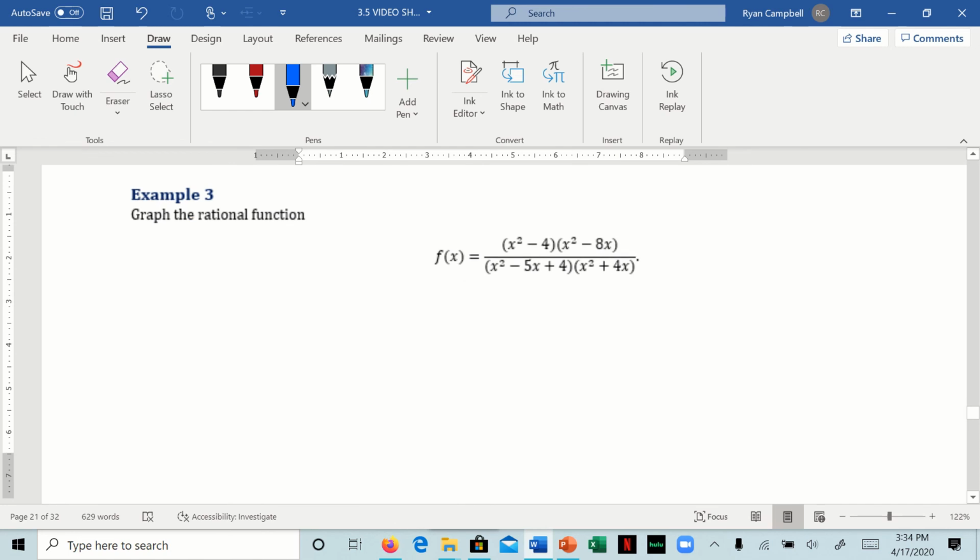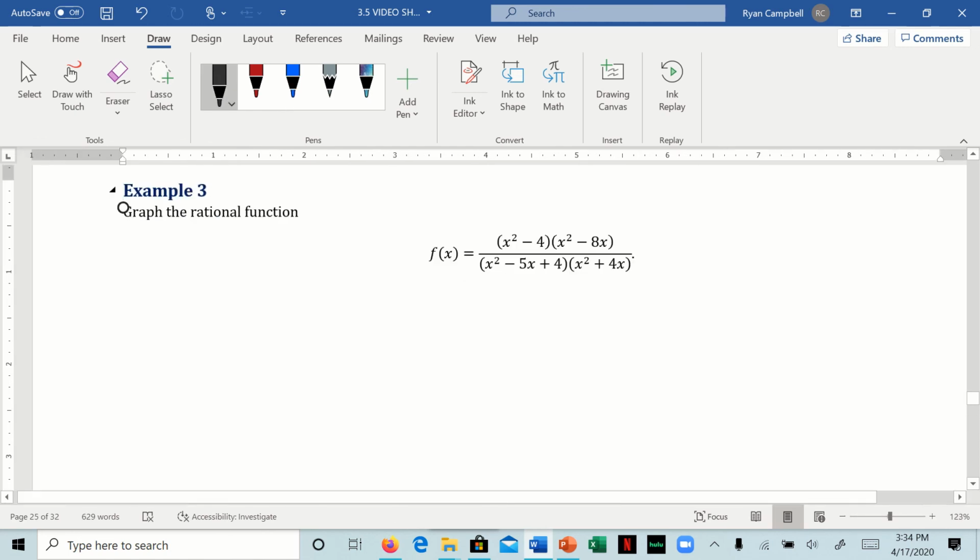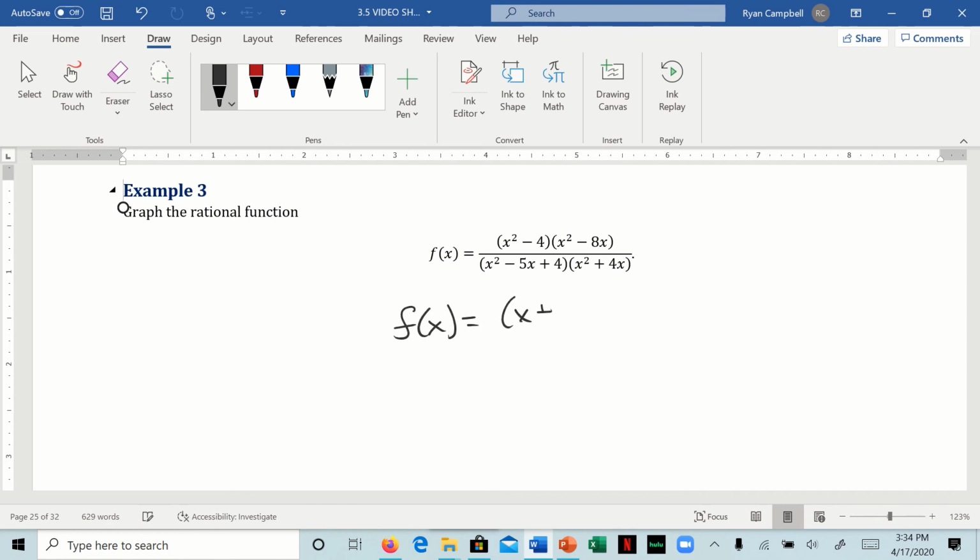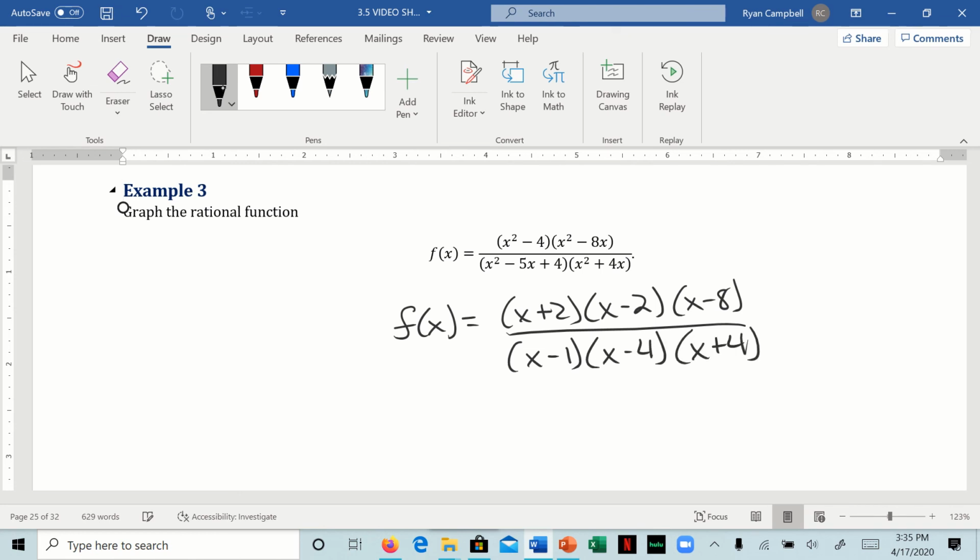All right, let's do number 3. So, vertical asymptotes. We said first we should remind ourselves what the simplified version was. So we said the simplified version was x plus 2, x minus 2, x minus 8, over x minus 1, x minus 4, x plus 4.